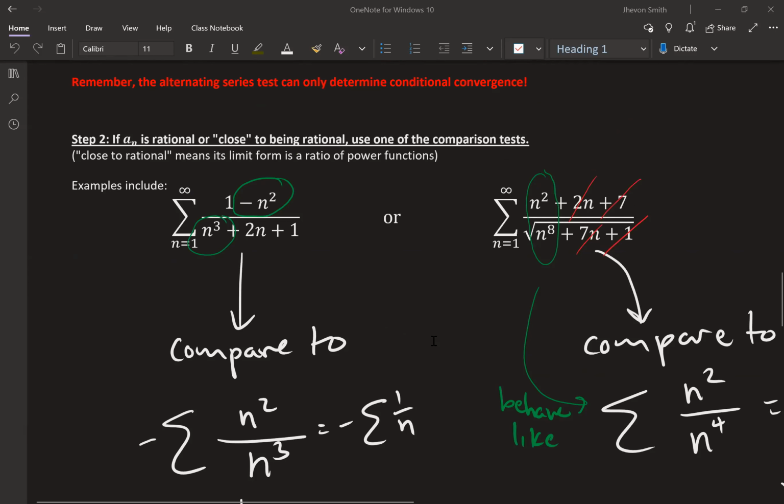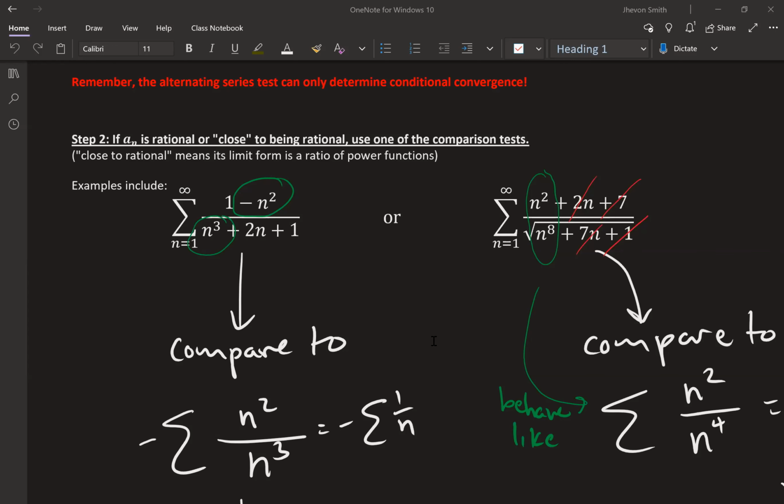Another situation is a lot of times you'll see rational functions. This is a ratio of polynomials. Whenever you see a rational function, your best bet is going to be to use some sort of comparison theorem. You are going to use the direct comparison theorem if you can determine which way the inequality is pointing, but use the limit comparison theorem if you can't determine which way the inequality is pointing. This is also nice for series that are almost rational or close to rational.